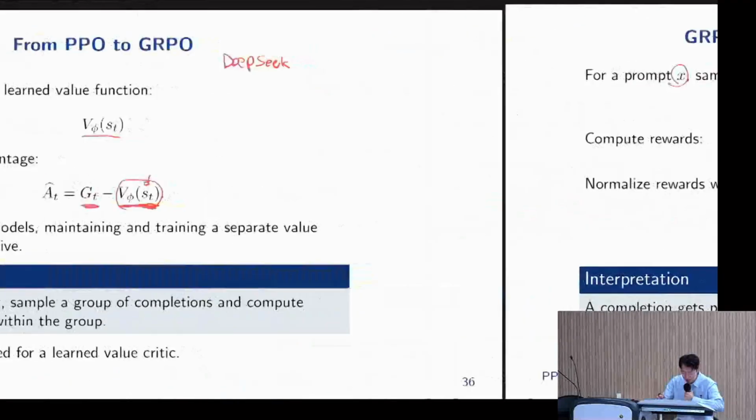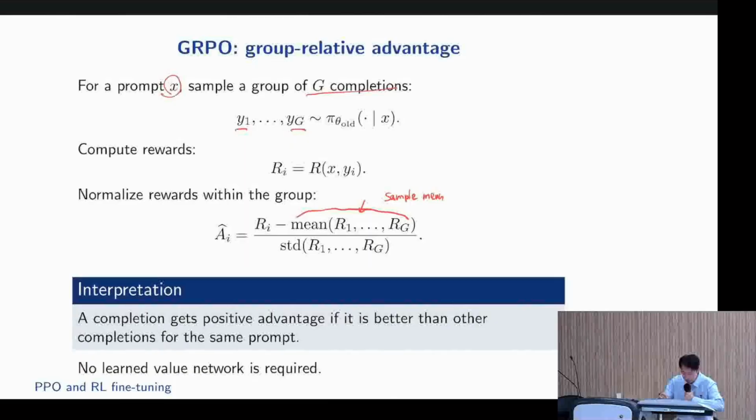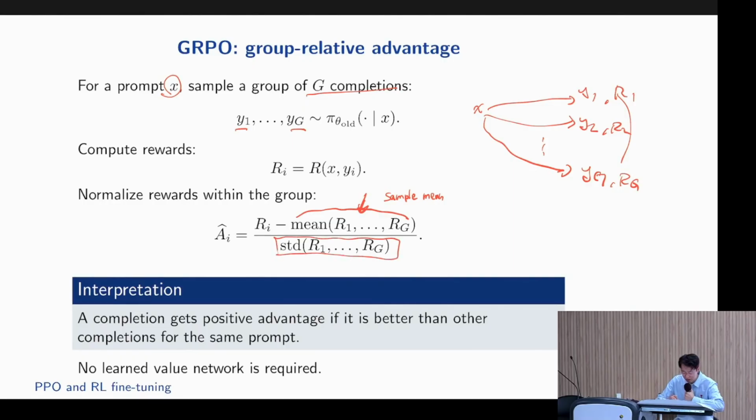But here, given some prompt X, we're going to generate multiple trajectories, compute the sample average, subtract it from individual returns R1, R2, RG, and also divide by the standard deviation.